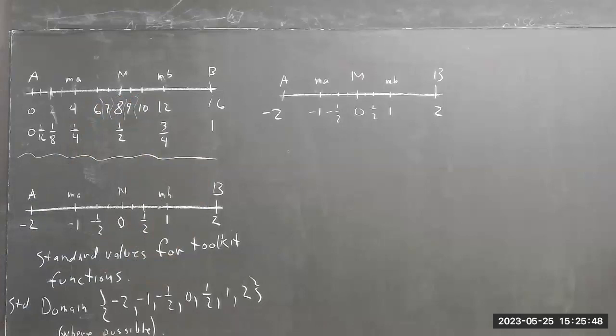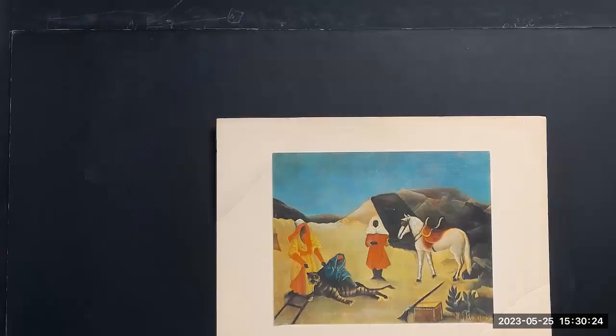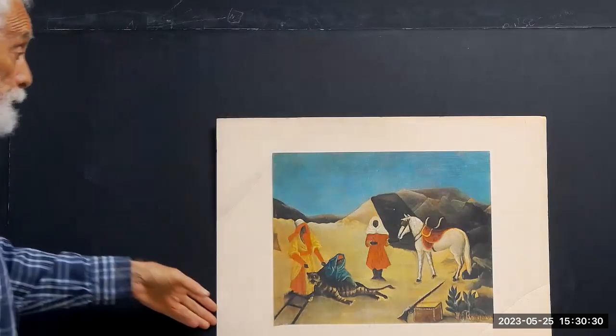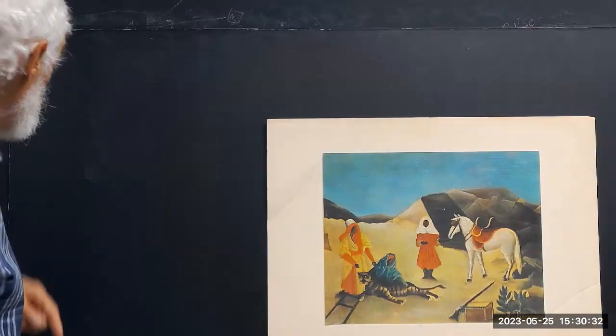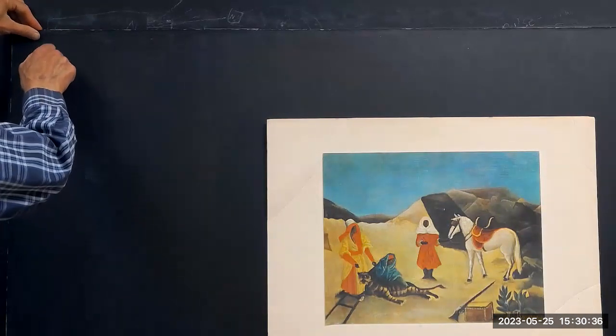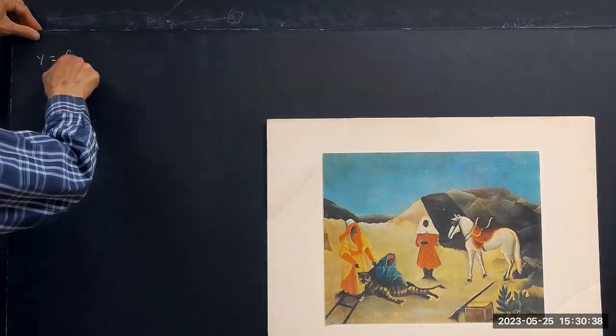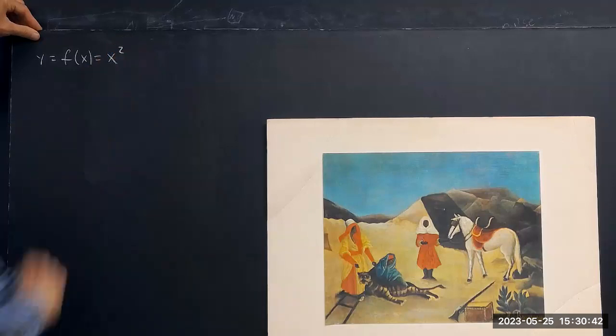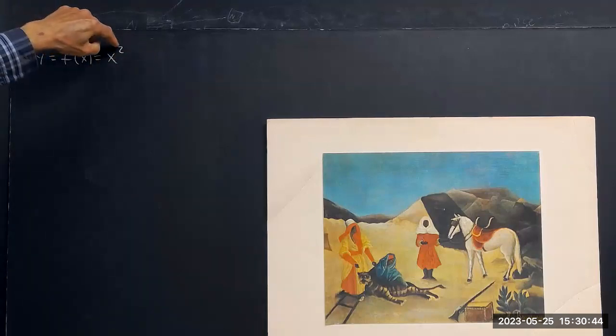So we're going to continue on and look at how we construct a few of the toolkit functions. Here's the picture. The camera needs to stay focused and it won't. Okay, so y equals f of x equals x squared.